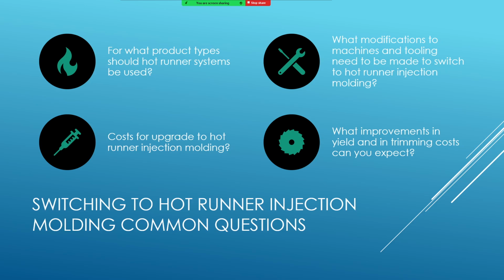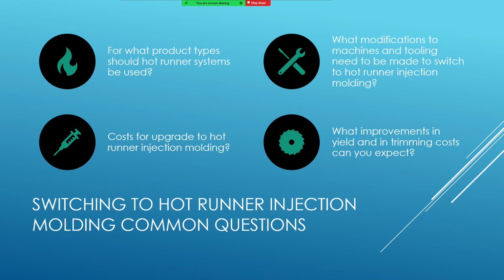What improvements in yield and in trimming costs can you expect when you purchase an upgrade to a hot runner injection molding machine? Specifically, for trimming costs, you can see that there's going to be no excess runner materials. So either having robotic arms or robotic automatic machines that get rid of these runners, or having actual employees that get rid of these runners, those would not be needed because they do not create excess runner materials like that.